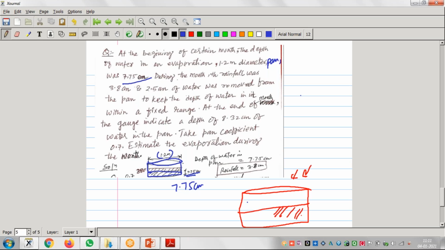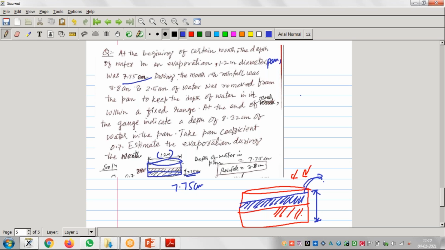So what they did, see this, the rainfall was 3.8 centimeter. Means after 3.8 centimeter rainfall, this depth was maintained, right? And what they are saying, they reduced the water from that pan by 2.5 centimeters so that this should not overflow, right?